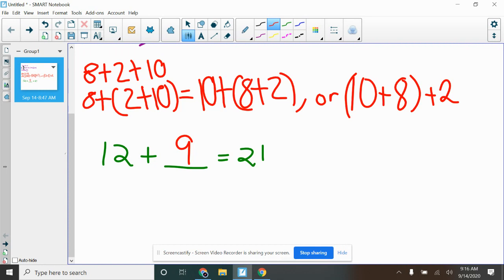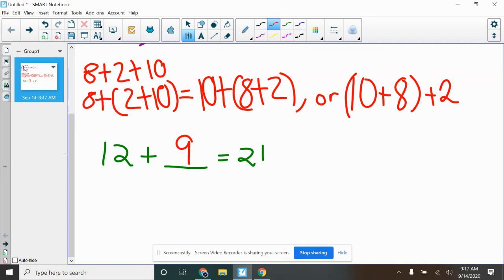However, what happens when things get a lot bigger and harder and you have to find the missing number? What could you do if you were playing with numbers that are bigger that you couldn't find the answer that quickly? Allie? You can do subtraction. Yes, you can do the opposite, because opposites will always help you find what's missing.